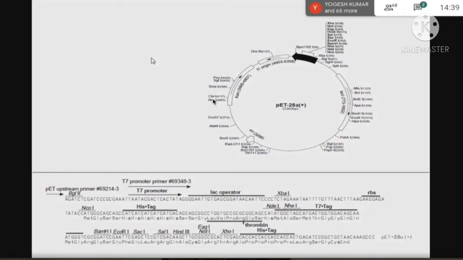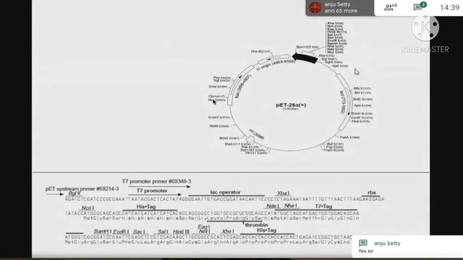If your purpose is to clone the entire gene, the complete open reading frame, fine. Now suppose you have the option to clone at any sites.